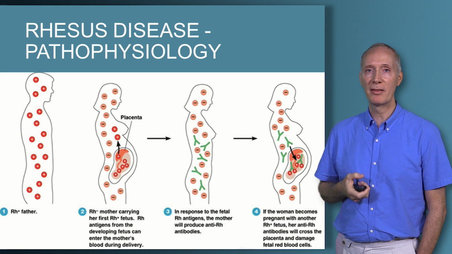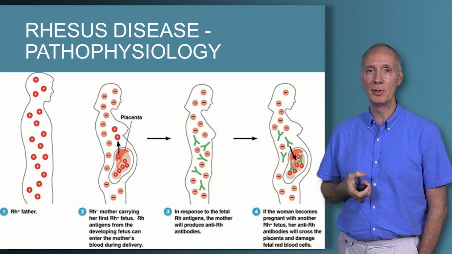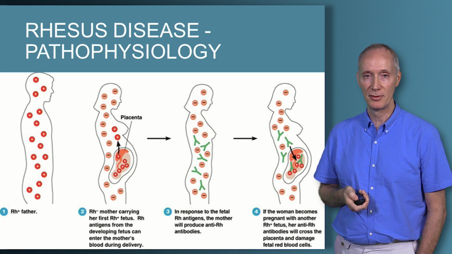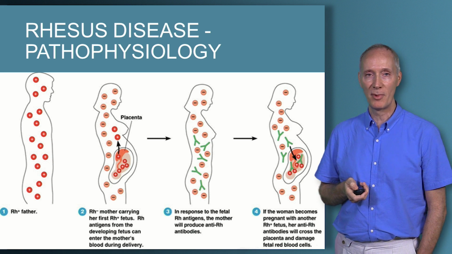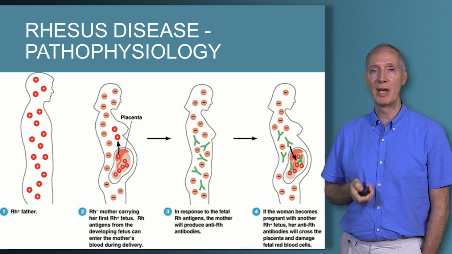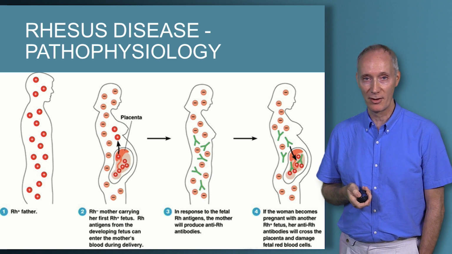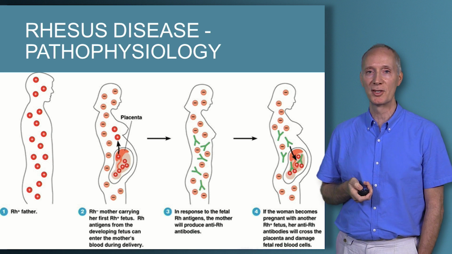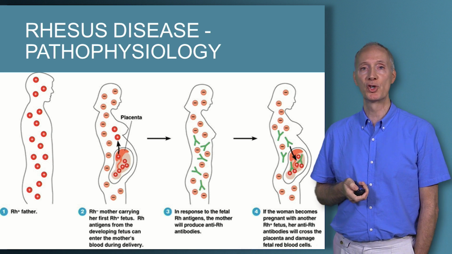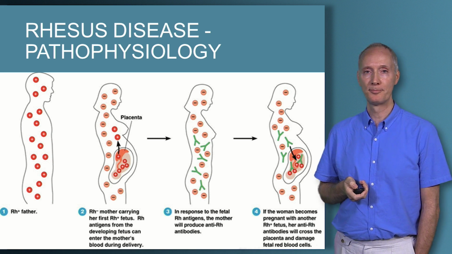Now, what is the pathophysiology? How do we get ultimately rhesus disease? Again, we have to start with a rhesus negative mother who conceives a baby with a rhesus positive father. Let's say, for argument's sake, that this father is homozygous, so the fetus is for sure rhesus positive.